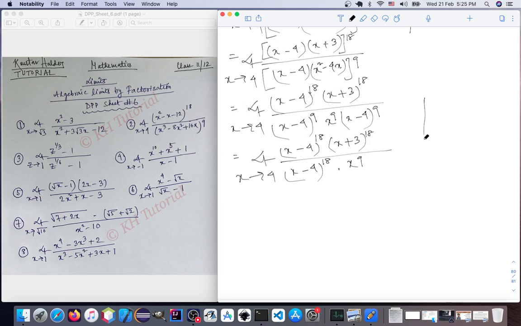Now x tending to 4 implies x not equals to 4 implies x minus 4 not equals 0. So we can cancel out the x minus 4 factor and we are left, and then we substitute the value of x in the leftover term and we get (4 plus 3) to the power 18 by 4 to the power 9. This is 7 to the power 18 by 4 to the power 9, which is the answer.